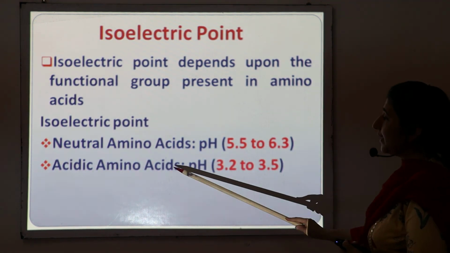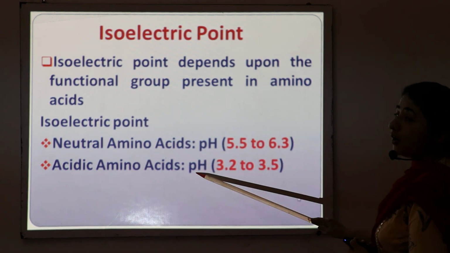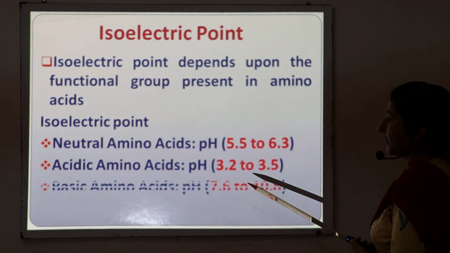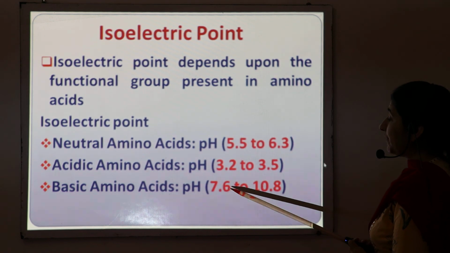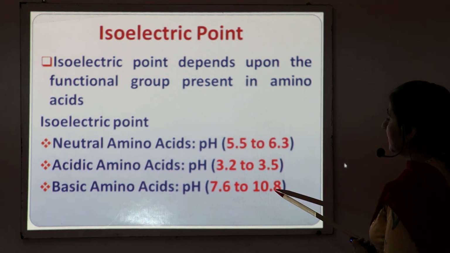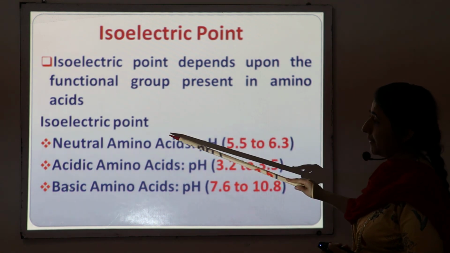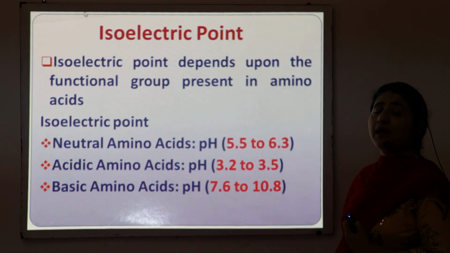For acidic amino acids, the isoelectric point lies in the range from pH 3.2 to 3.5, whereas for basic amino acids the pH value lies from 7.6 to 10.8. So these are the isoelectric points for the different amino acids: neutral, acidic and basic.